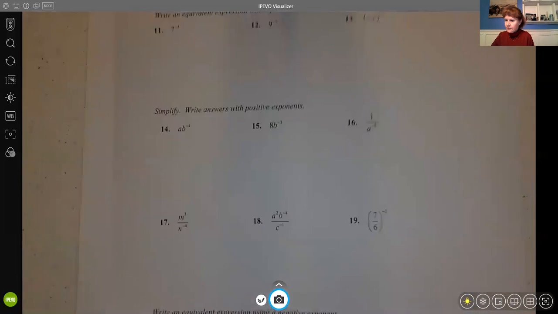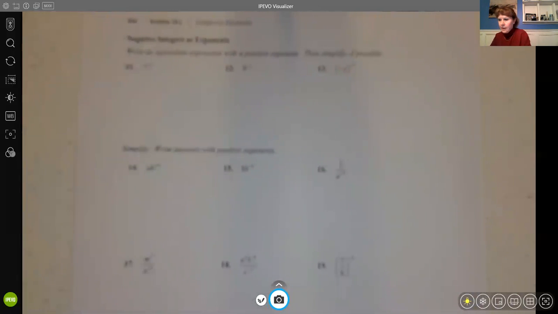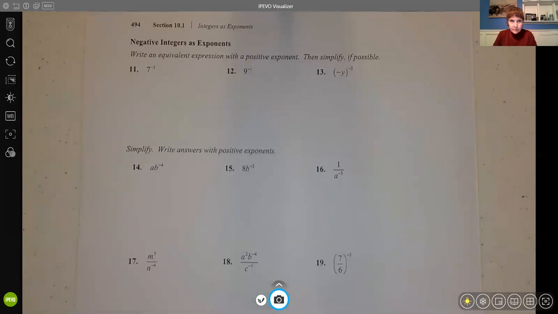All right. Let's look at the back side of this, right here. So they want you to write an equivalent expression with a positive exponent, then simplify if possible. So looking at number 11, we have 7 to the negative 3.